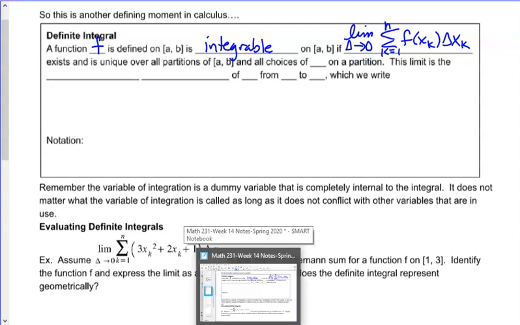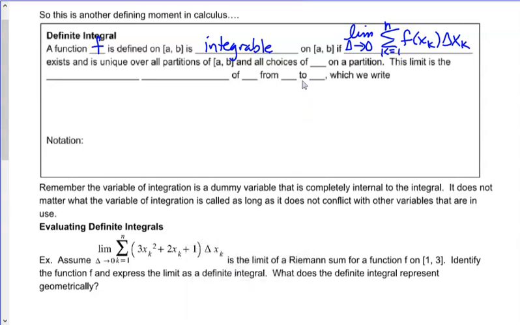Now, if that limit exists and is unique over all partitions on [a, b] and all choices of x sub k, all of our grid points, this limit is what we refer to as the definite integral of f from a to b.